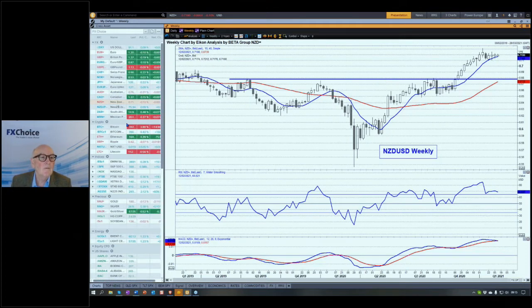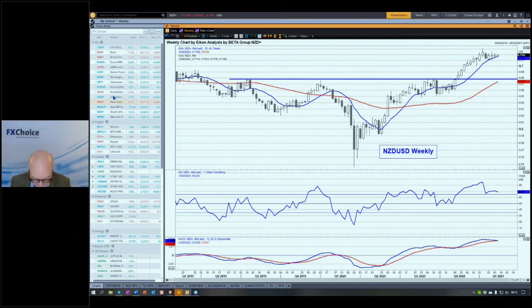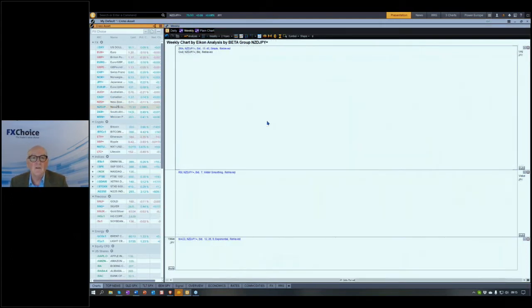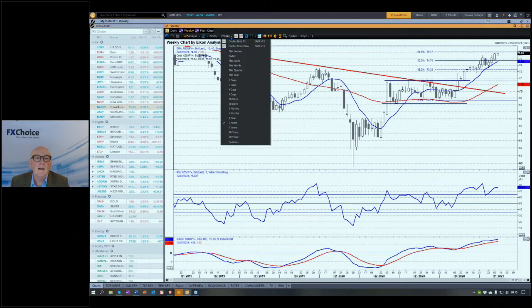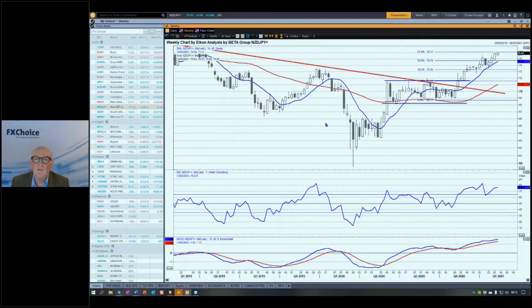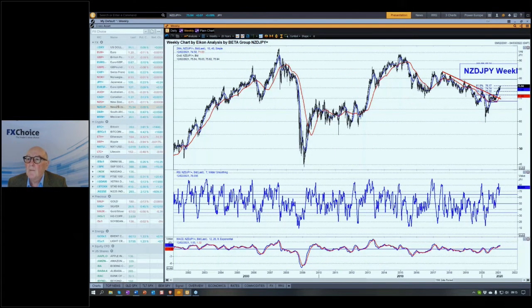But the clearer picture, I think, comes from the New Zealand dollar versus the Japanese yen. So that's how I'm going to look at the Japanese yen, against the New Zealand dollar. I want to look at the weekly. And I want to give you a big picture here, really big picture here. Let's move this out of the way.